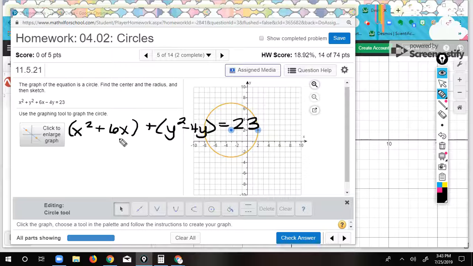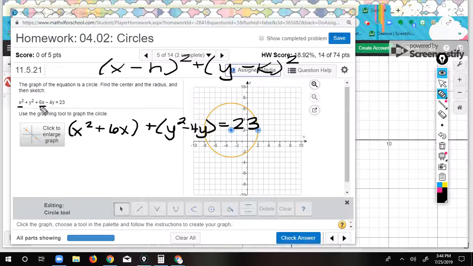Okay, so to complete the square, we're going to try and get it into this x plus or minus h squared. We're trying to get this. So it involves a little bit of factoring. First we rearranged it so the x's are right next to each other and the y's are next to each other.